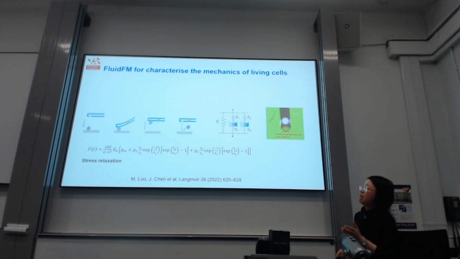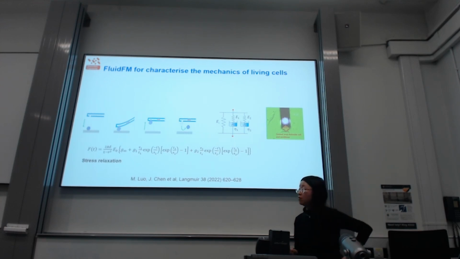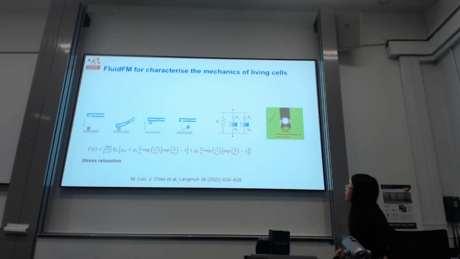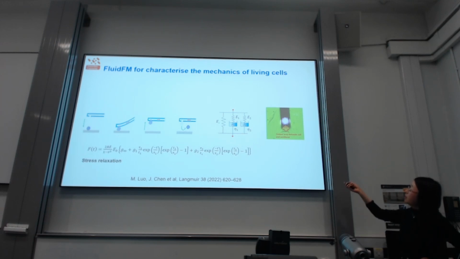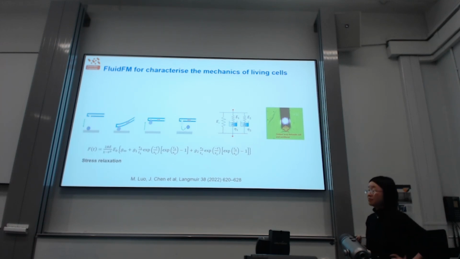So we can take advantage of this stress relaxation to determine the viscoelastic properties. We also take advantage of the fact that the cantilever is transparent, so we are able to observe the contact area between the cell and the cantilever.